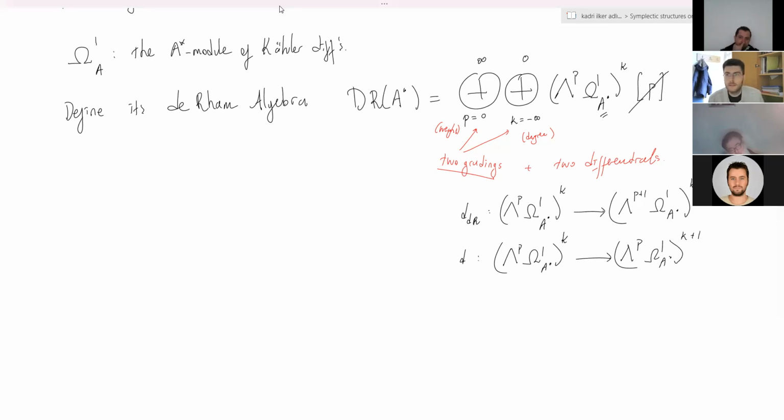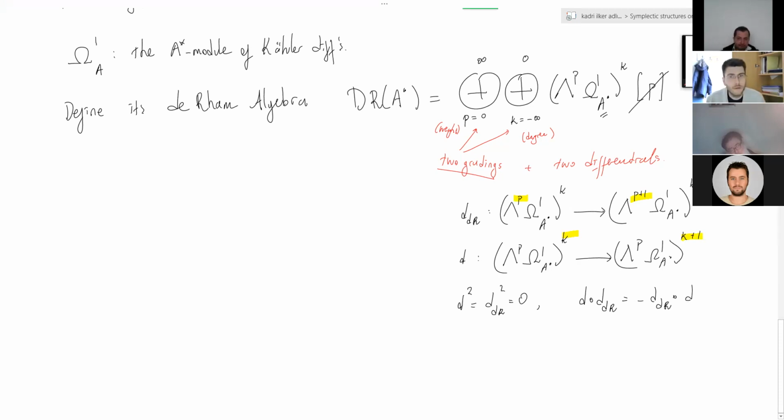Now here, be careful about this degree, and be careful about the weights. Of course, they are compatible in some sense, and there are many other properties. For instance, d squared and d derived squared are both 0, and also there is anti-commutativity.